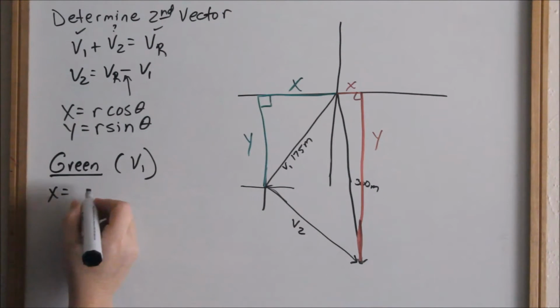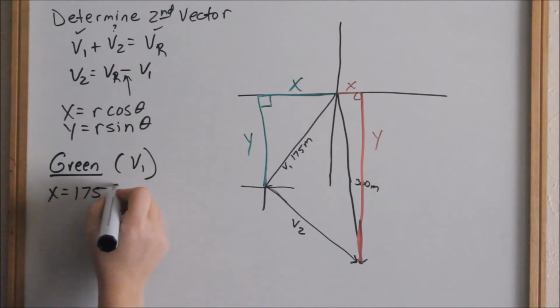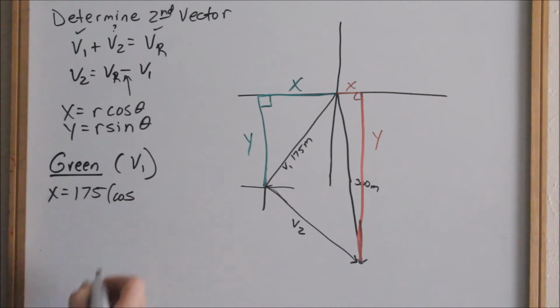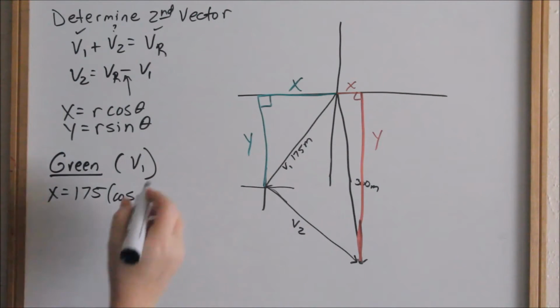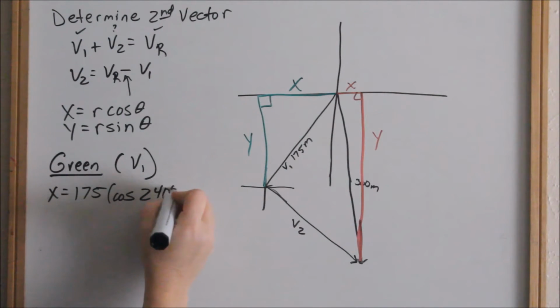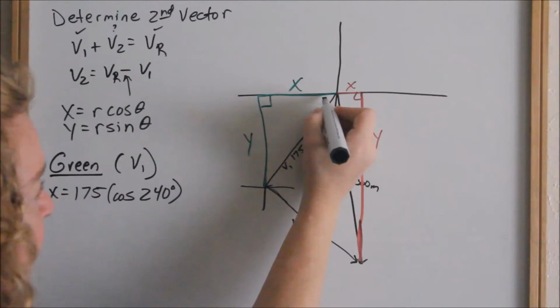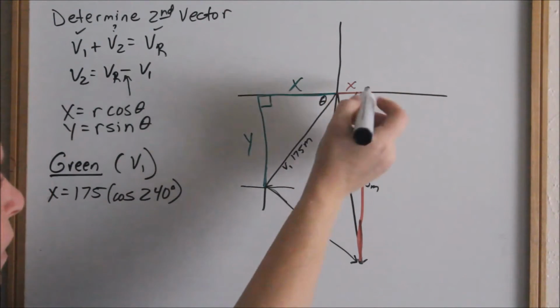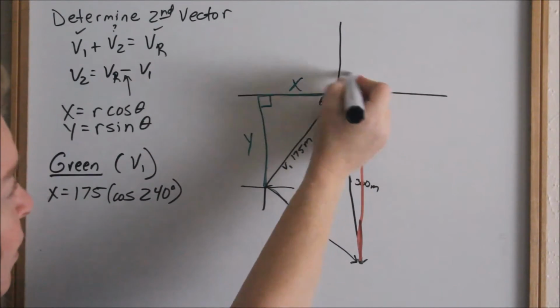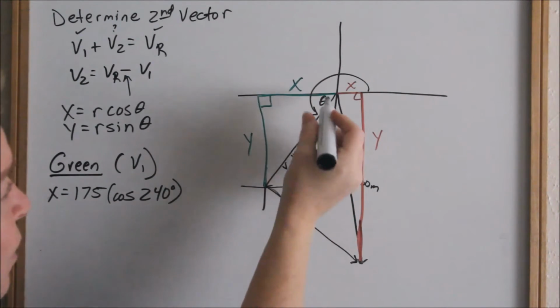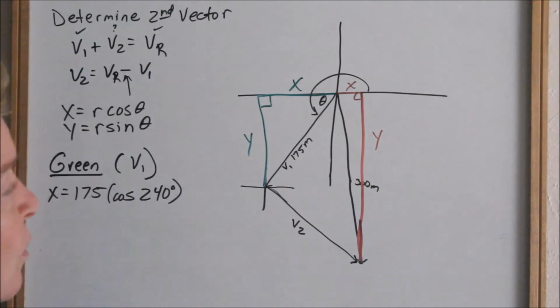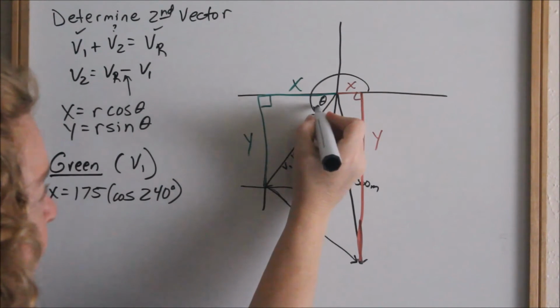So x equals my r, the length of the hypotenuse, 175 times cosine. You can either use the angle that they give you, 240 degrees, or you can use the angle that's in the triangle. Because all the way from here to here is 240, so what's in the triangle would be 240 minus 180.